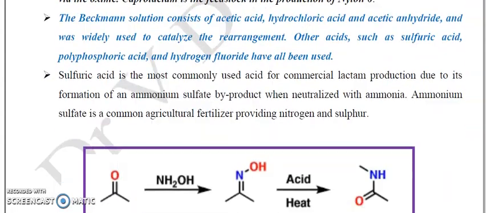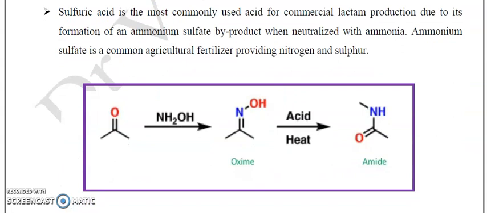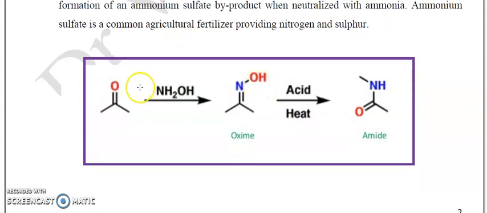So you see this is the schematic representation of the reaction. If we have the oxime, and how oxime forms, as you all know, is a very characteristic reaction of the carbonyl group. If we have an aldehyde or ketone, it reacts with hydroxylamine and forms the oxime functionality.